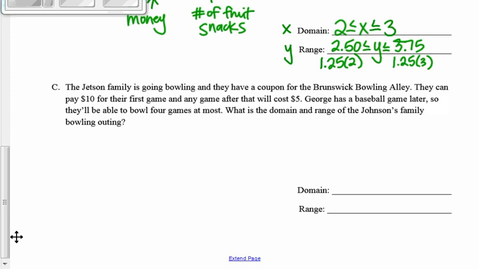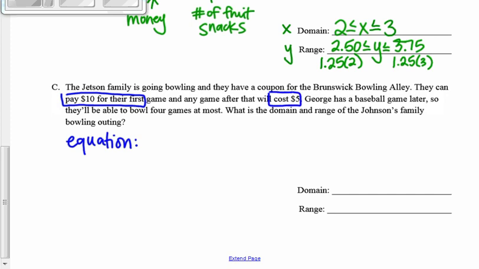Okay, so let's write our equation first, and this one's a little bit trickier because we have a couple things going on. This coupon says that they'll pay $10 for their first game, and any game after that will cost $5.